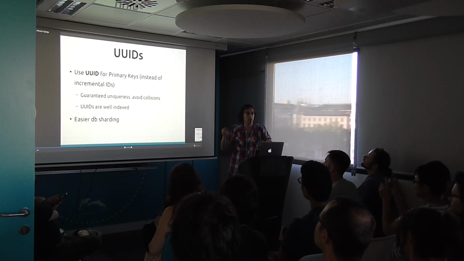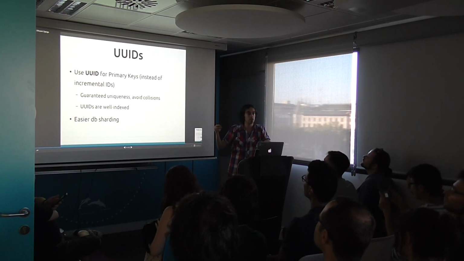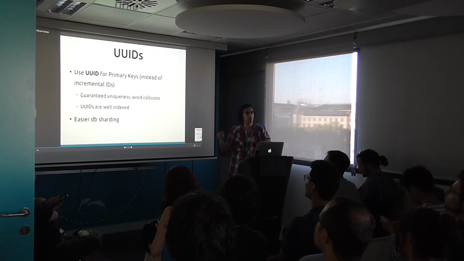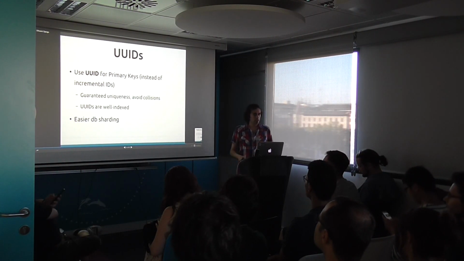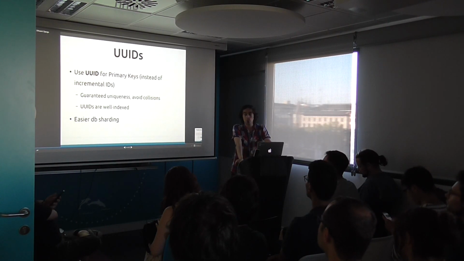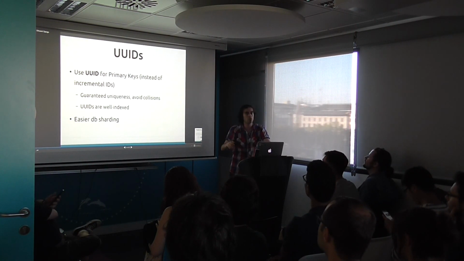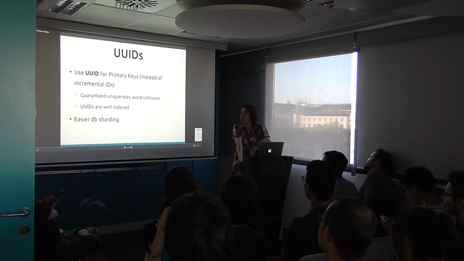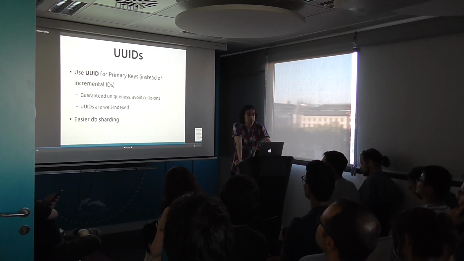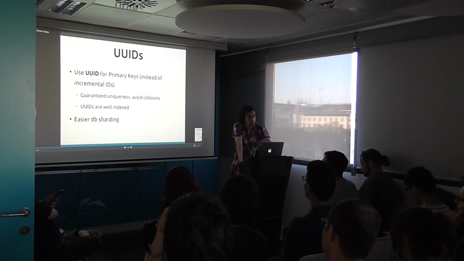The primary key will be an ID, so the first object is 1, the second 2, the third 3, and these are your IDs, okay? This sucks. This works very well at the beginning, but at some time, when you want to do sharding, when you want to have several instances, when you want to do some other things, this will be a point of pain. So from the beginning, let's better use UUIDs instead of incremental IDs.